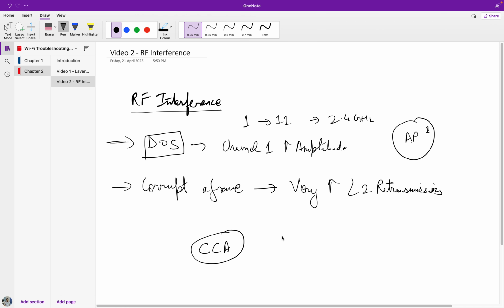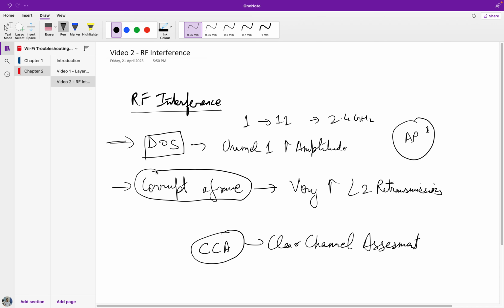This is how the client near the AP figures out that there is another client or another source of interference, something transmitting in that frequency at that time. It does this through clear channel assessment, which all the clients do before transmission of data. Coming back to this, if the frames are corrupted, we can expect a very high retransmission rate.